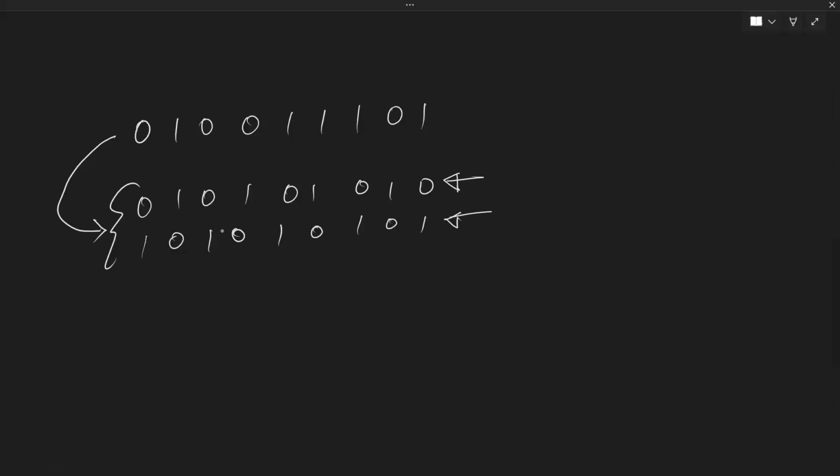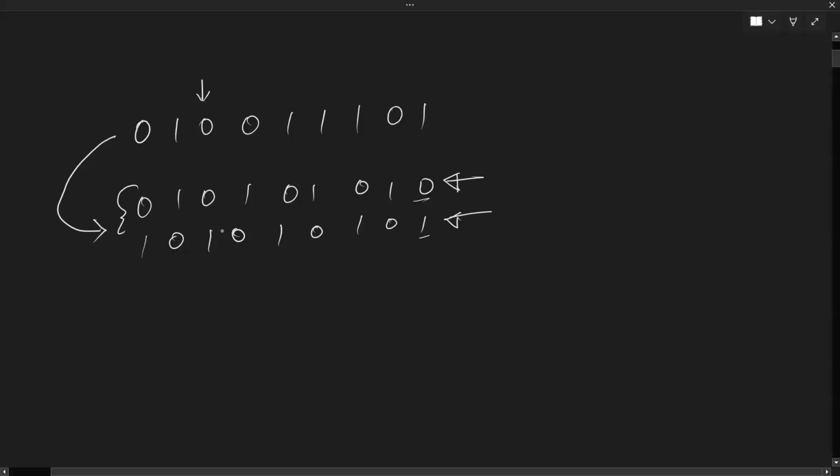Out of both of these, we need to find the minimum number of moves required to turn this string into either this one or this one. If we select this index, then every character from here to the end will get flipped. So one way is, first let's try to make this string.